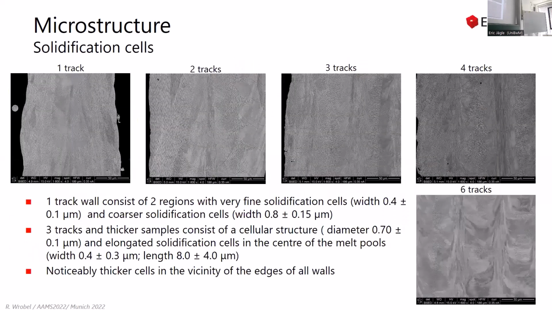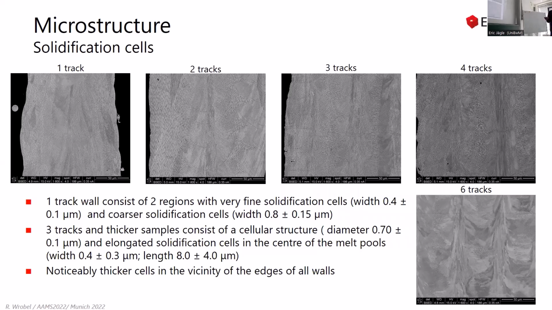If you take a look at the solidification cells in a 1 track sample, we can distinguish the 2 areas that I mentioned before, where 1 melt pool consists of 2 areas, and one area consists of very, very fine solidification cells.